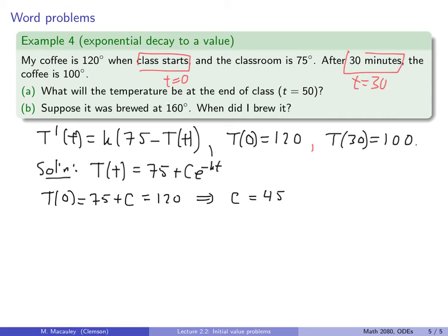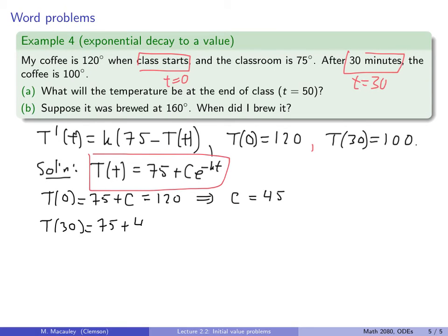That condition was a success since it got us what we needed. Now let's use this one to define k. T of 30 is 100, so let's plug in 30 here. And we know what C is.